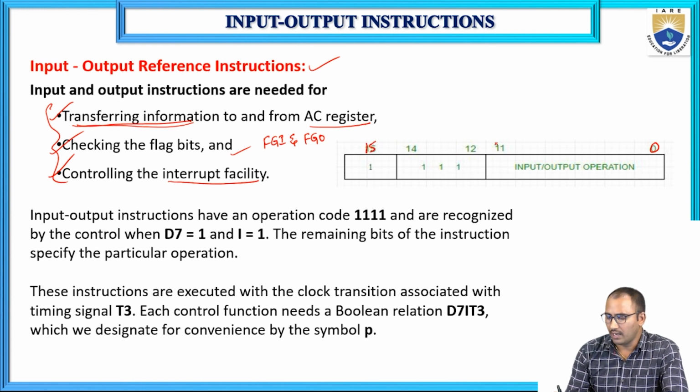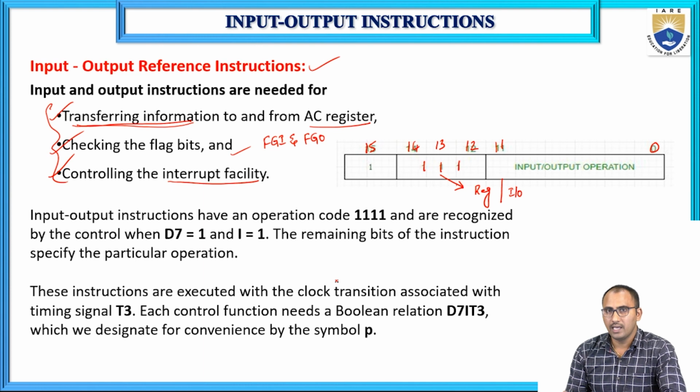Bits 0 to 11 represent the address of the operand. And if bits 12, 13, 14 of the opcode, the instruction register, are set to 1, then it may be a register or IO reference instruction.